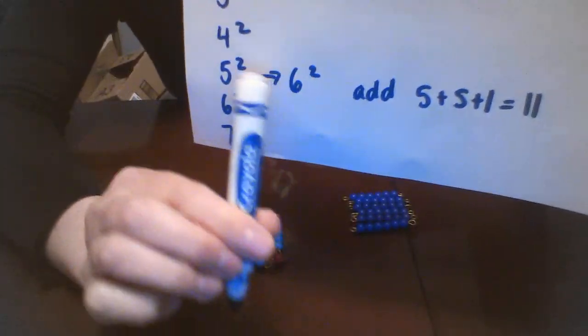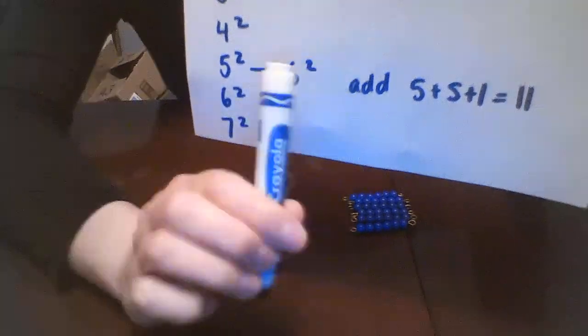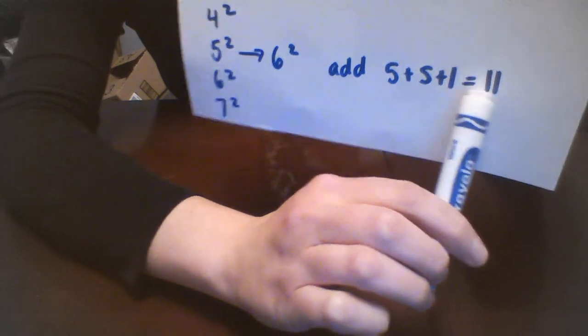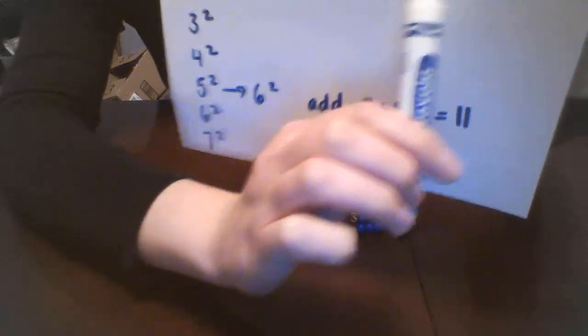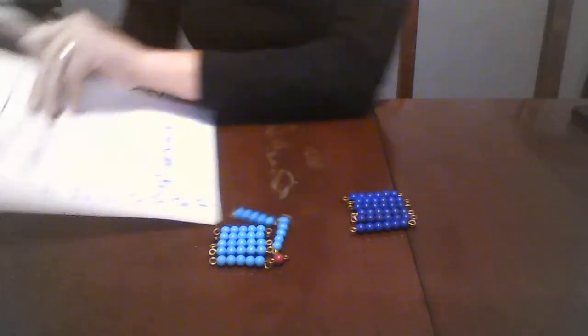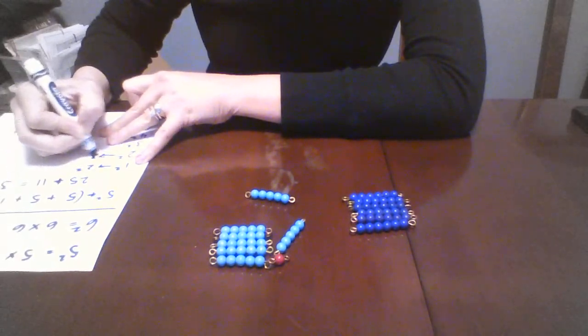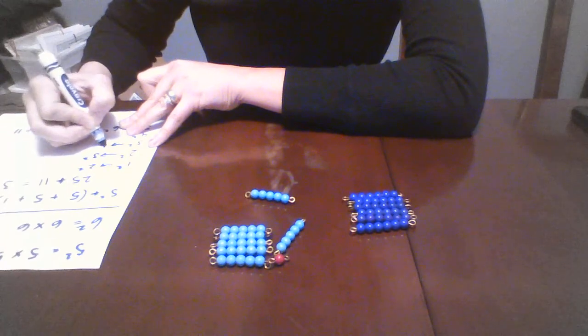Okay? So you're just going to write down what you have to add to 5 squared in order to get 6 squared. You have to take 5 squared and add 5 plus 5 plus 1, which equals 11. So you're going to write down for each square what you're going to add to go to the next square. So 1 squared to 2 squared, 2 squared to 3 squared, 3 squared to 4 squared.